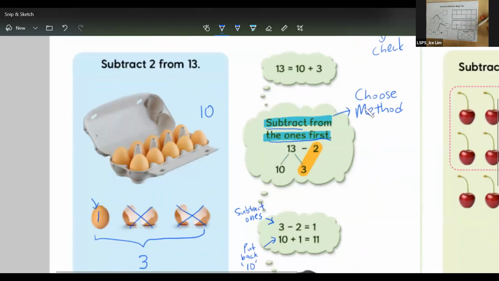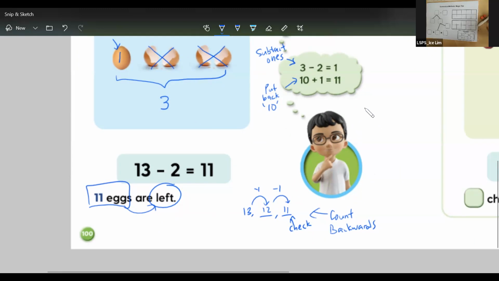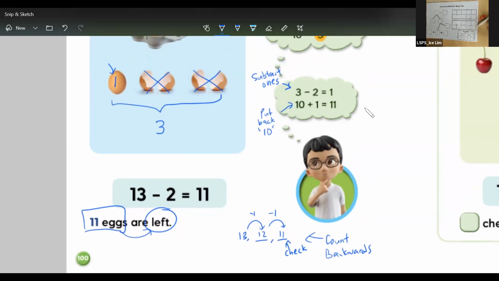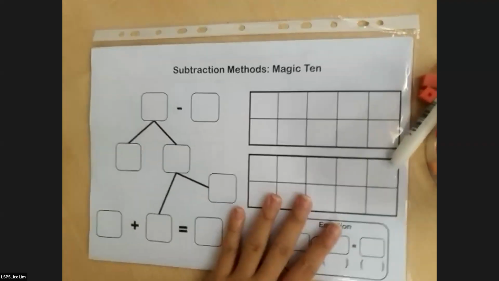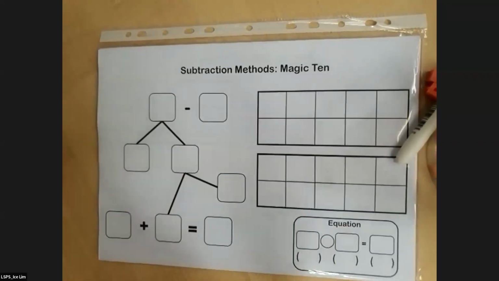Okay, I'm going to show on the whiteboard the strategy of subtract from ones first. Okay, I'll show you this again later. I want our friends to be able to see first on the whiteboard how it works. So let me show you the whiteboard now. On the whiteboard, it looks like this.